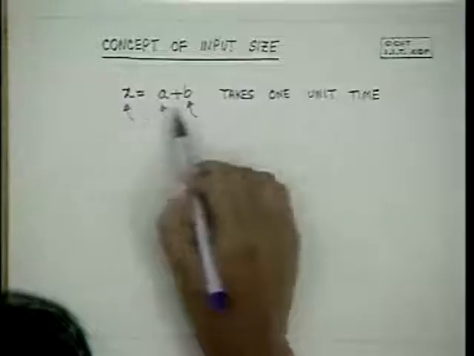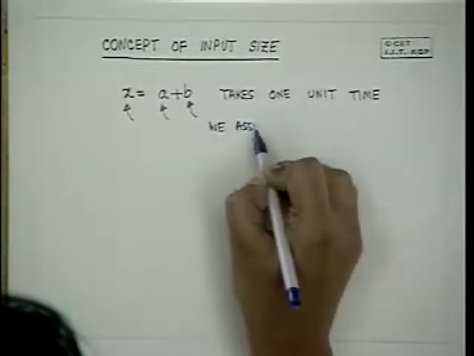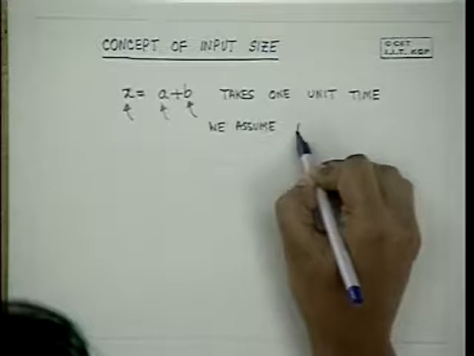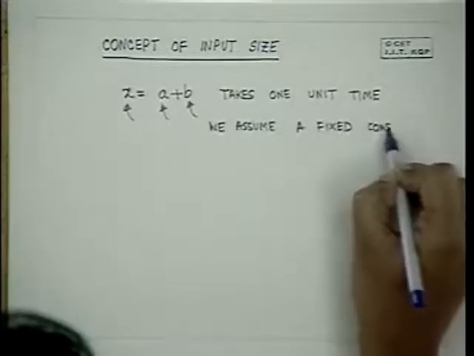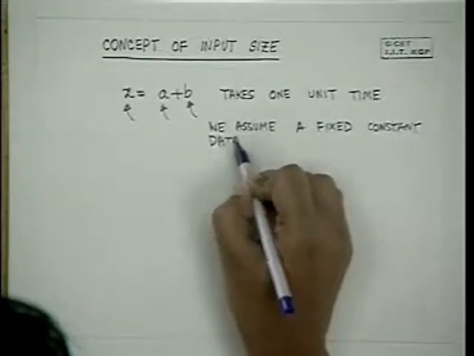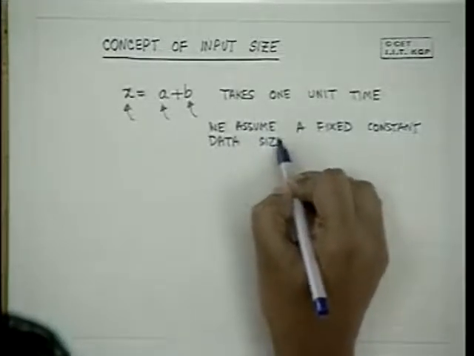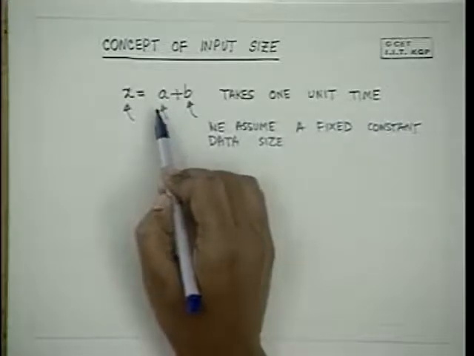So when we say this takes constant time, we assume a fixed constant data size. This will be represented in log n bits. Suppose a number 25. 16 numbers can be represented in 4 bits, 25 numbers can be represented in 5 bits.